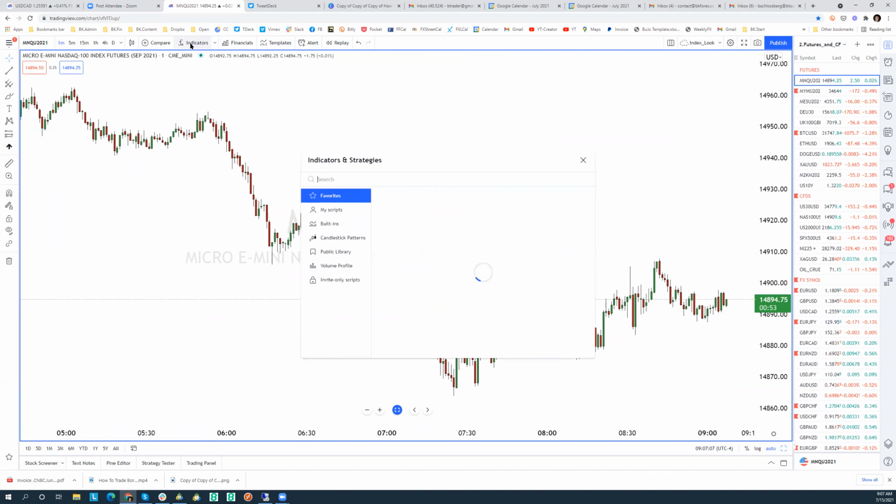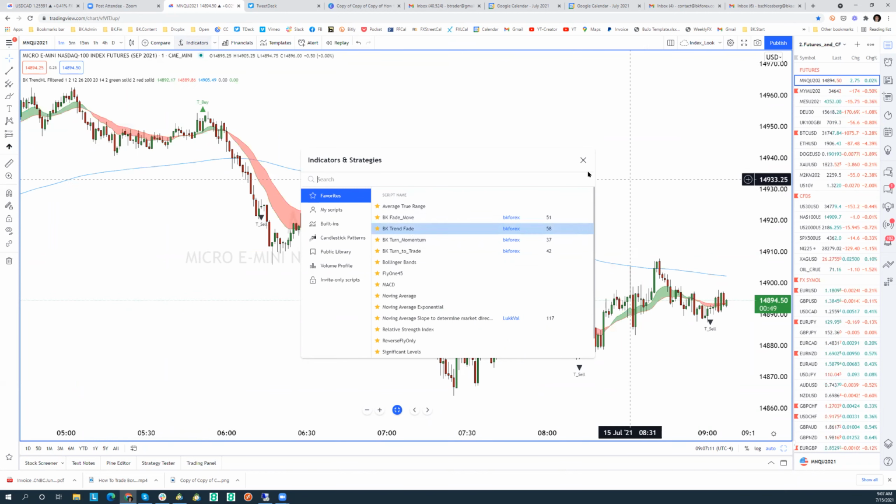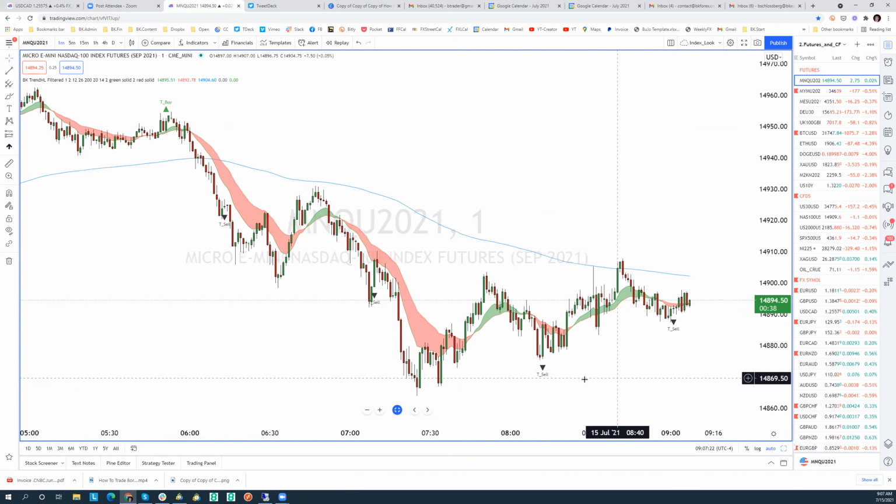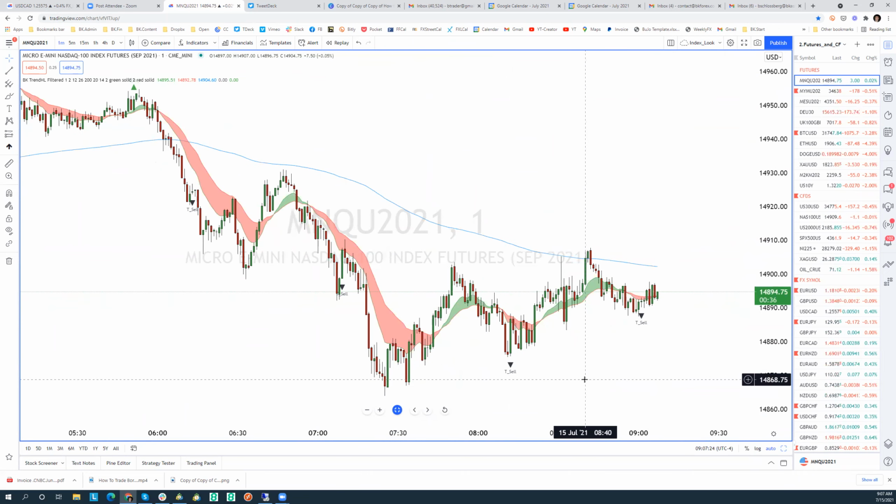You go into your indicators, into your favorites, into trend fade. You select that, and if you've done that properly, you should have the buys in green above the candle, so they're easier to see, and the sells in black below the candle. And that's all it is. It's just a cosmetic change on the structure. Hopefully you guys can get it working. Let me know if it's working well for you.